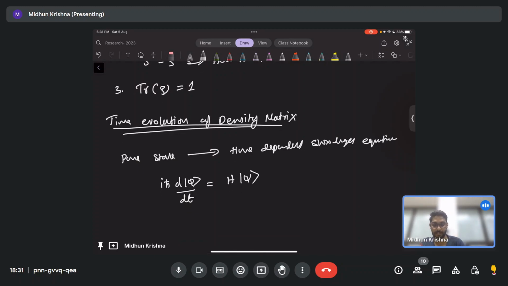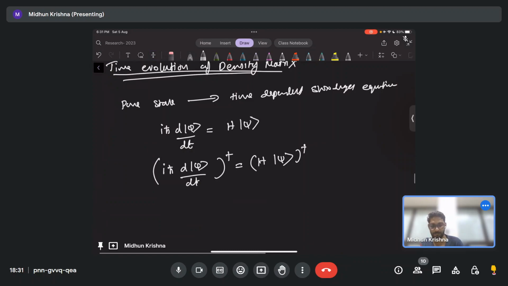Okay. Now, if I take the Hermitian conjugate of this whole equation, i h-bar d psi by dt, the Hermitian conjugate of all of this is that of H psi. The i will pick up a minus sign because the Hermitian conjugate of a complex number is the conjugate of the complex number.